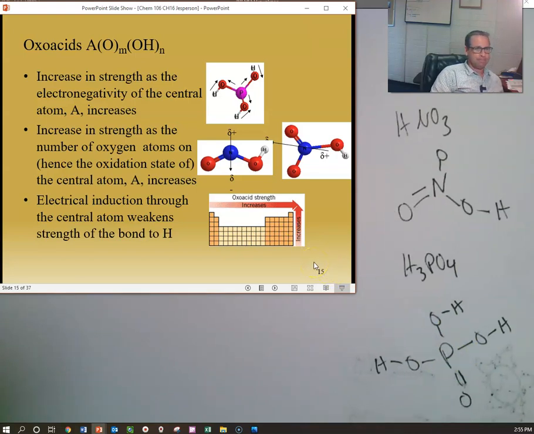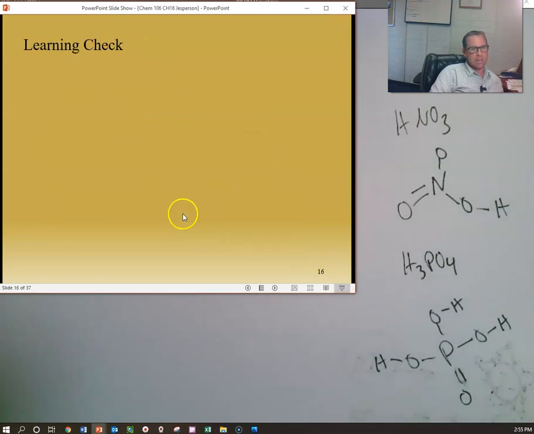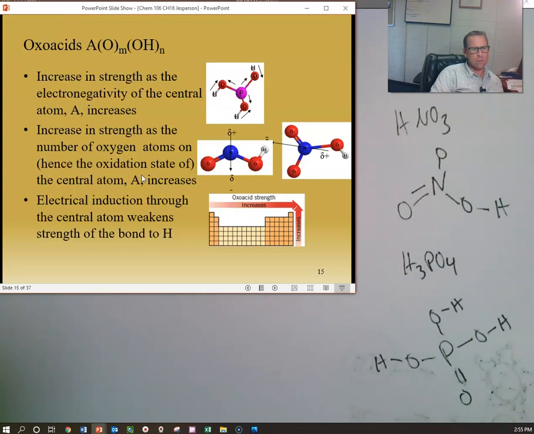Oh, also you increase the strength of the acid as you increase the number of oxygen atoms that are on the central atom. Okay? So here's an example for that.